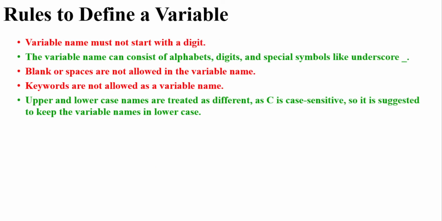So what are the rules to define variables? Variables must not start with a digit. It is not allowed to declare a variable like int 2name, because you are starting the variable with a digit. A variable can consist of alphabets, capital ABCD, small abcd, and digits, but not starting with a digit.